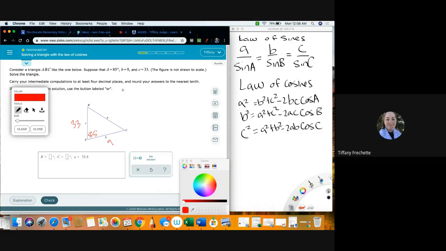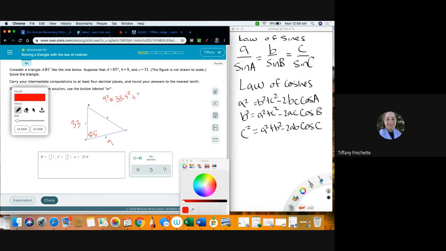All right, so let's go ahead and find, it doesn't matter which one we do first, so let's find angle B. We're going to start with B squared, so 9 squared equals, and they must be okay with us using the rounded one here. So we're going to give it a try because we need A squared there.